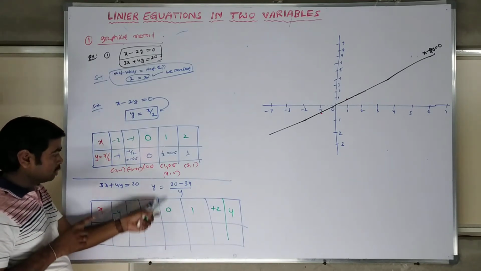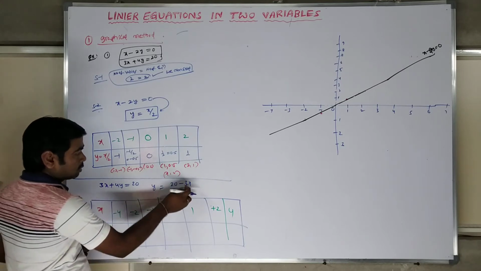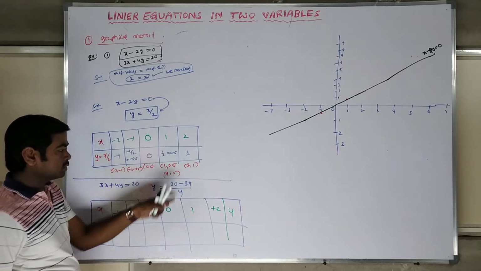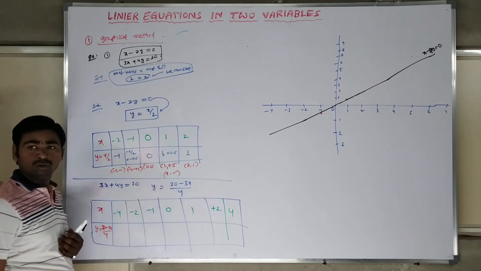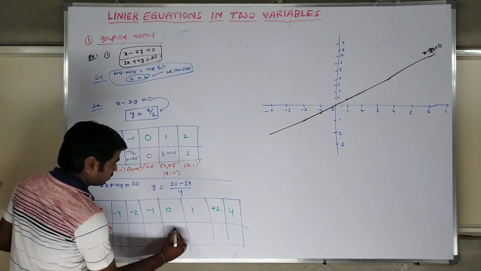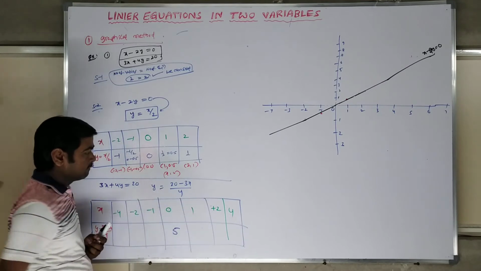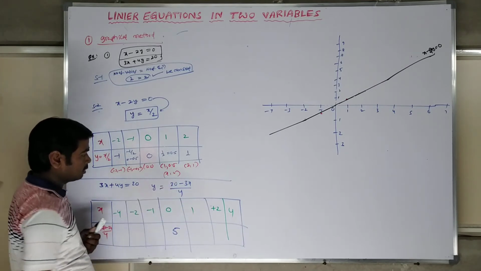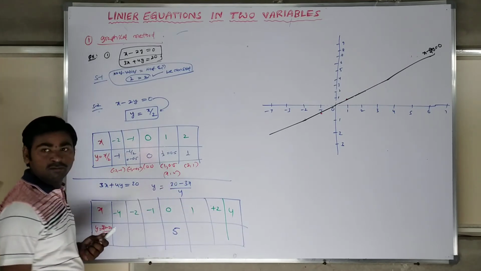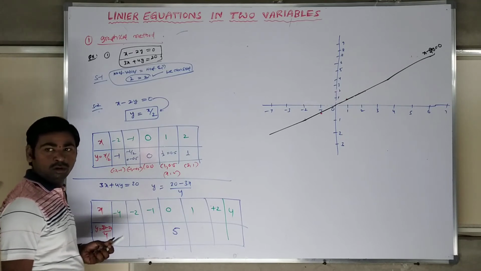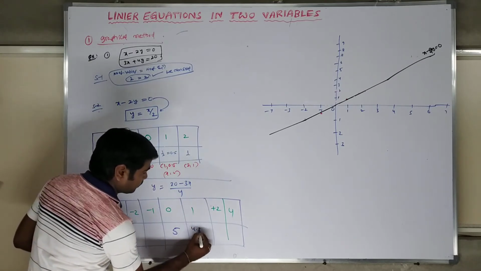When you are substituting 0, 20 minus 0 by 4. How much do you get here? 5, since 4 times 5 is 20. When you substitute 1: 20 minus 3 is 17, by 4, I am getting 4.25.